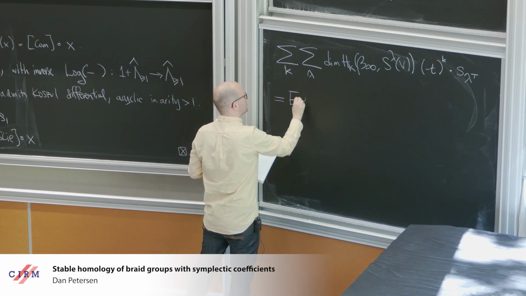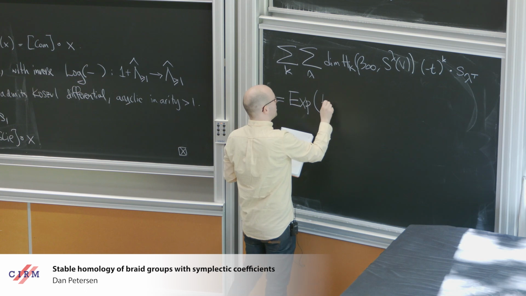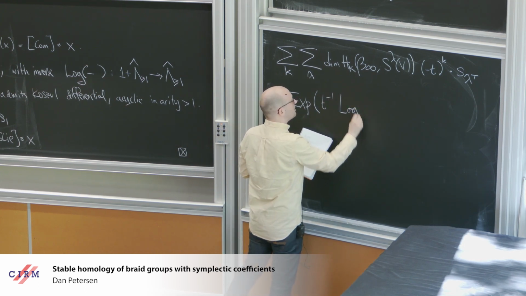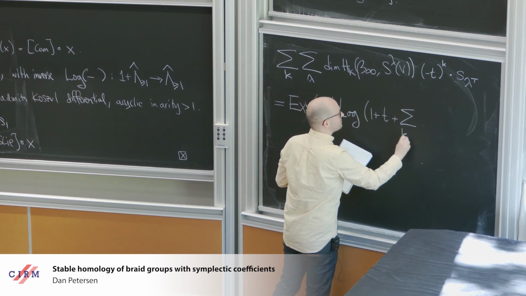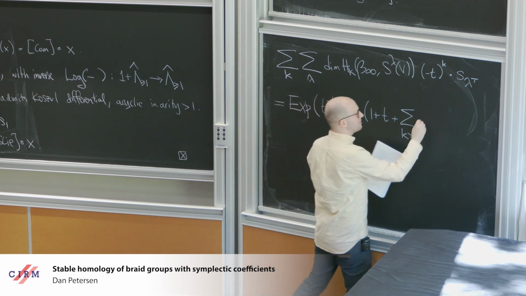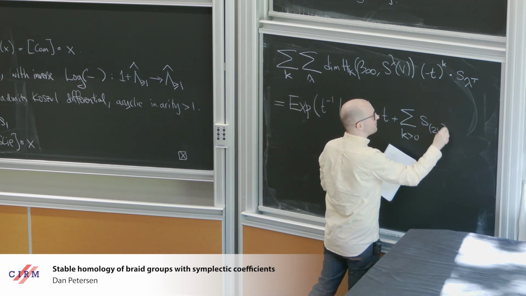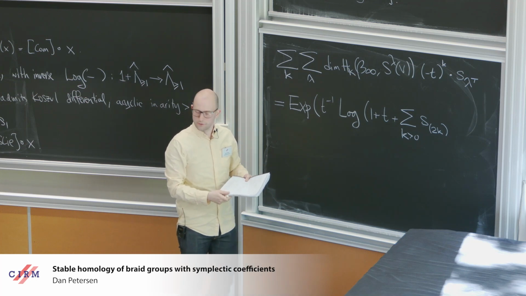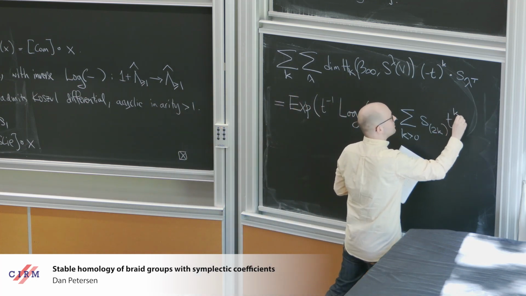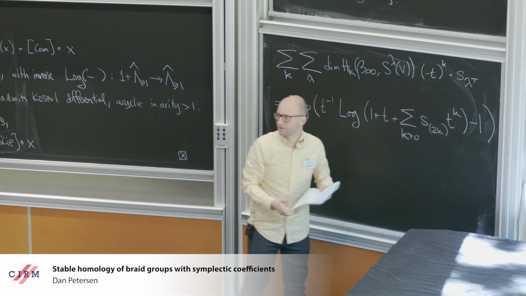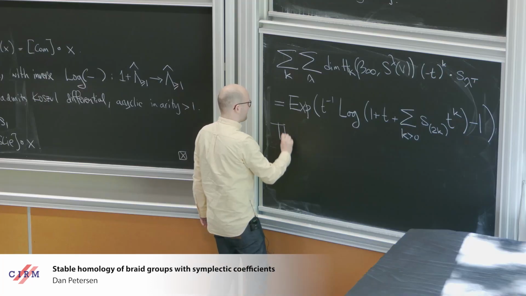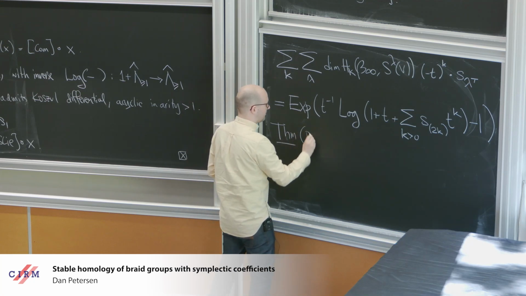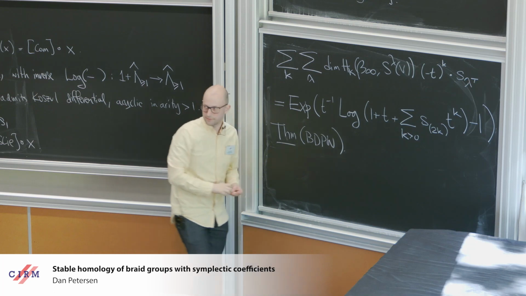And this is given by the plethystic exponential applied to T inverse of the plethystic logarithm of 1 plus T plus the sum over all k bigger than 0, the trivial representation of the symmetric group S_2k, T to the power k minus 1, end parentheses. I should say here, that's the theorem from our paper.